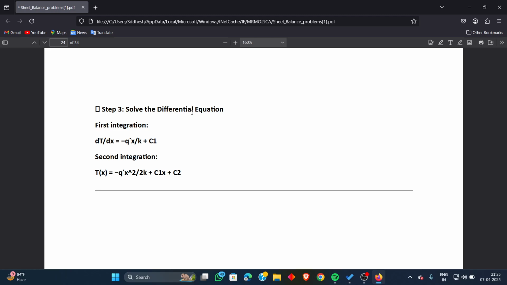First integration: dT/dx = -Q̇x/k + C1. Second integration: T(x) = -Q̇x²/2k + C1x + C2.